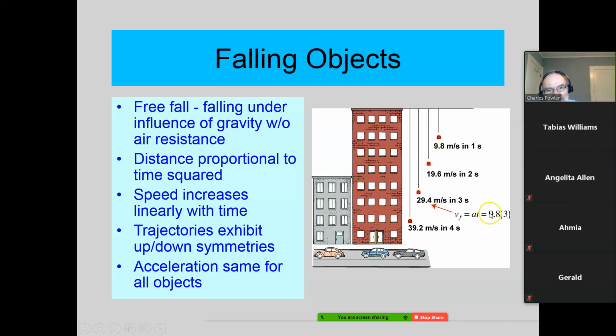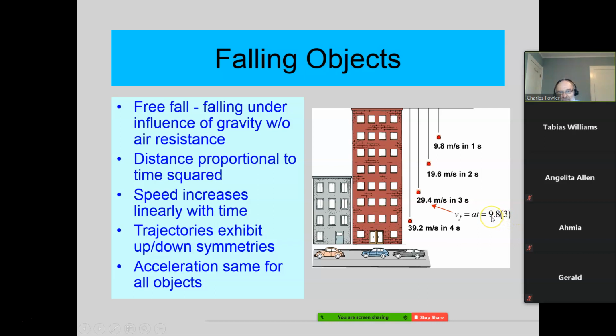Now this 9.8 is not just this 9.8, okay? It is the same number, but you see, if you took this formula here and moved it up here, V final would be a, 9.8, times 1. And that gives you this. This 9.8 is meters per second squared. They didn't put the units down. They're open for a $6 billion error here, okay?